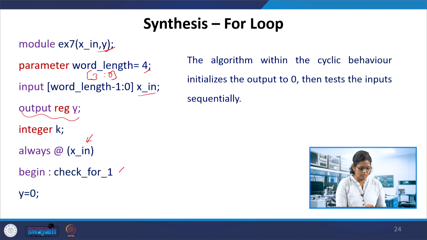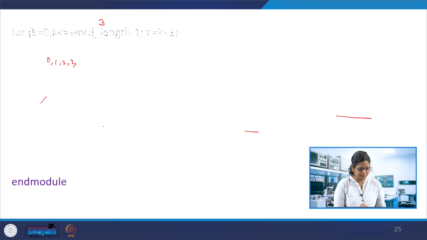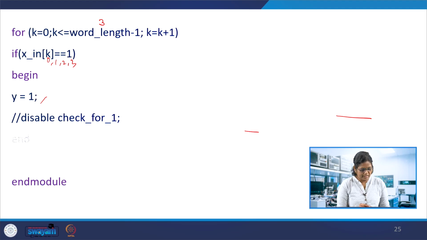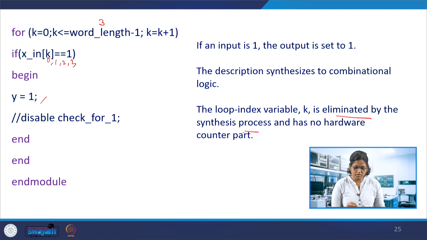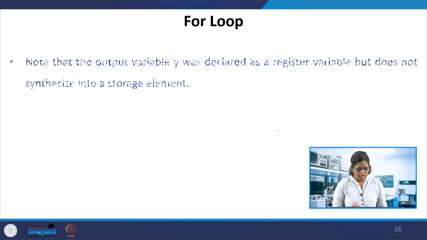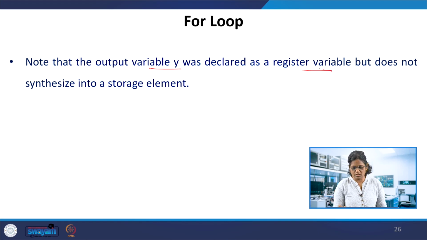Should y be stored or not? Though y is declared as reg, it will not be a storage element. The loop is completely eliminated in the hardware, and y, which is declared as register, does not synthesize into a storage element.